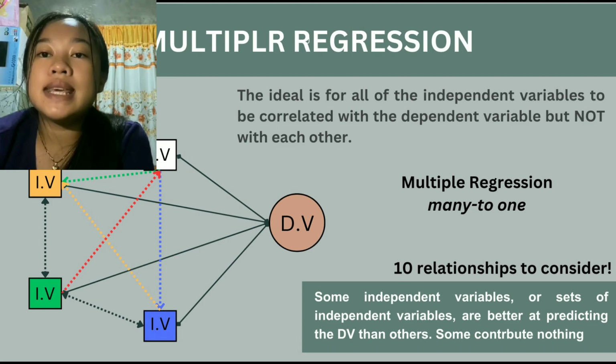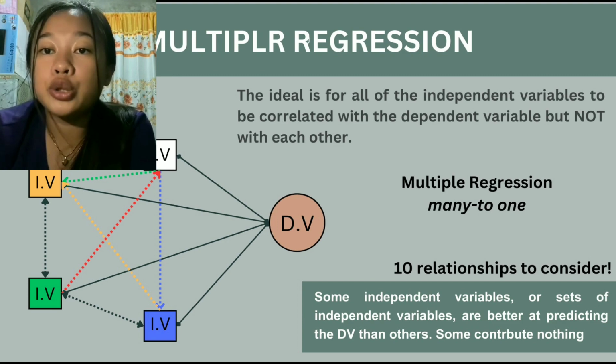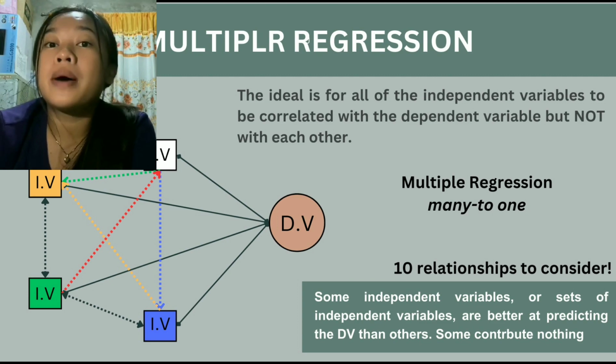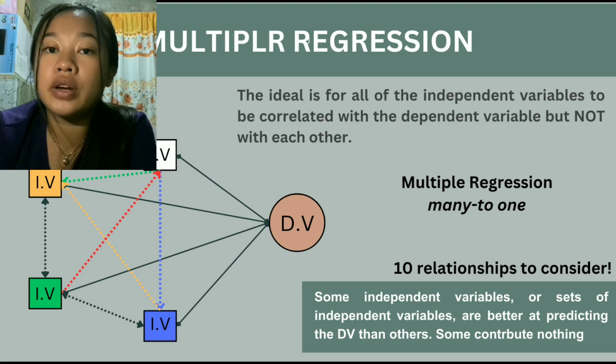Now you can see as each independent variable is added, these relationships become very numerous. So part of the art of multiple regression is deciding which independent variables make the cut and which do not. And we will talk about that as we go, of course. So the bottom line is that some independent variables or sets of independent variables are better at predicting the dependent variable than others.